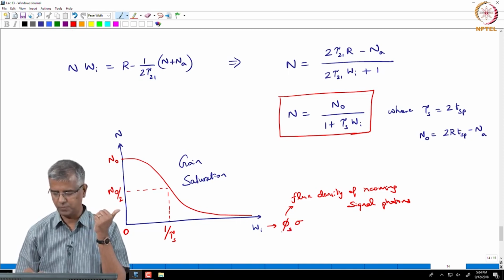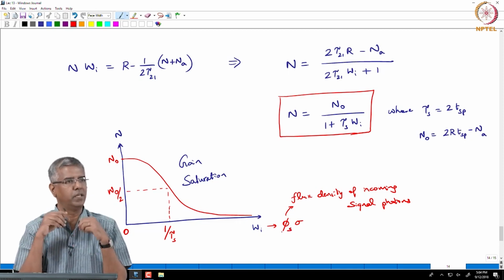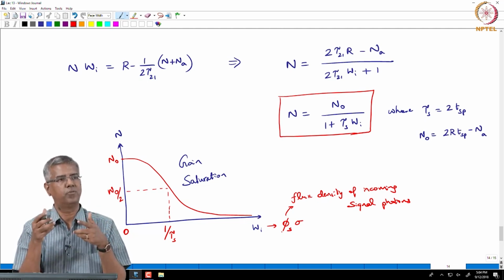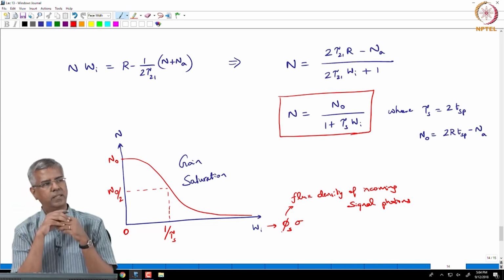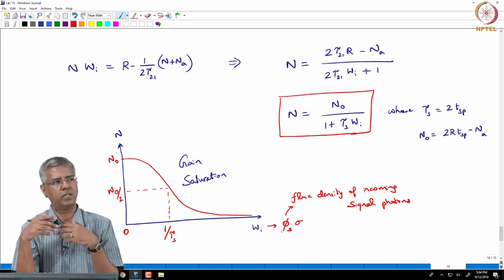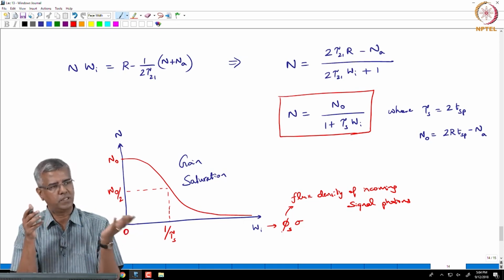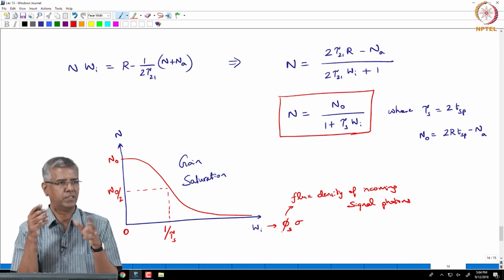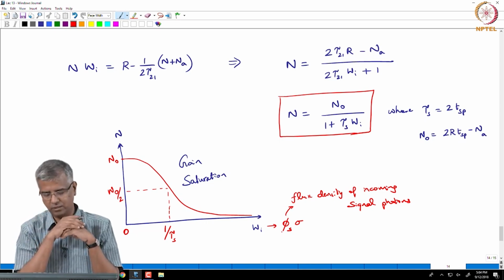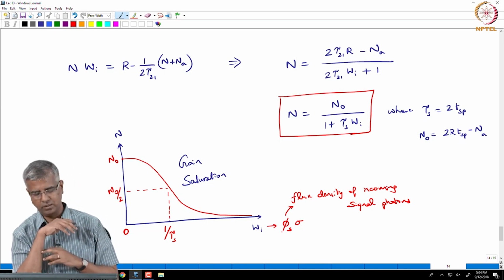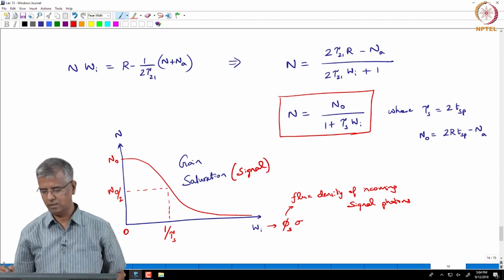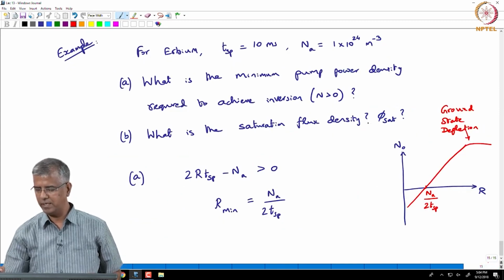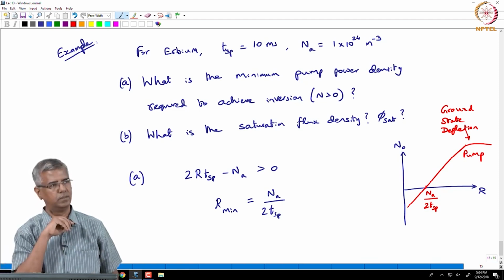So, it is all with respect to the signal photons. As you increase the number of signal photons, your gain is reducing, right, because as you have more signal photons, more stimulated emission happens, which takes away the inversion, which reduces the inversion. Okay. So, this gain saturation is due to signal, whereas this gain saturation is due to the pump, right.